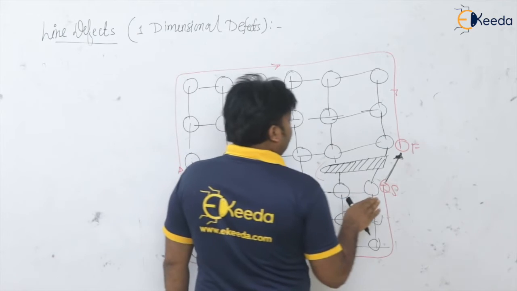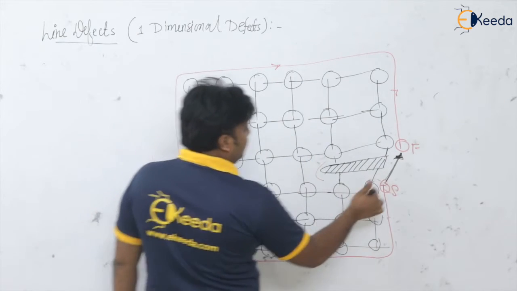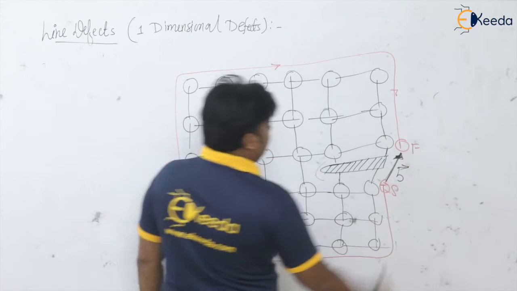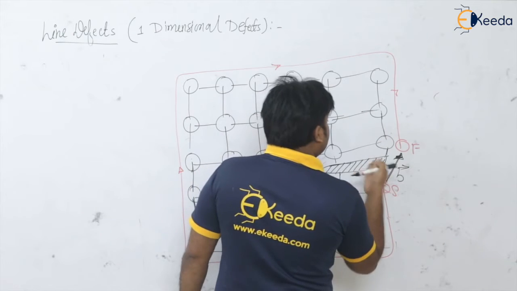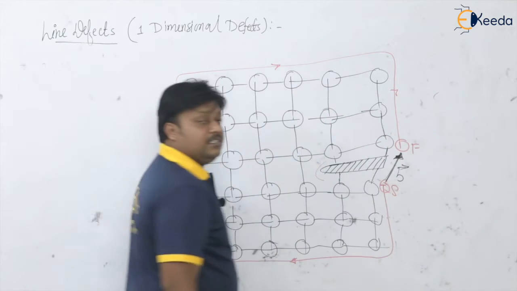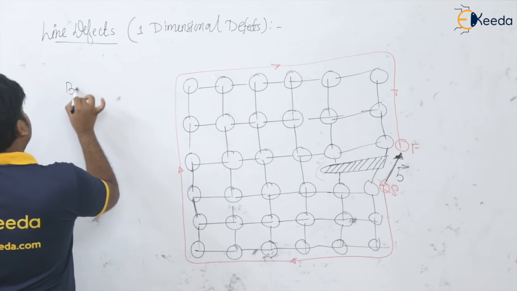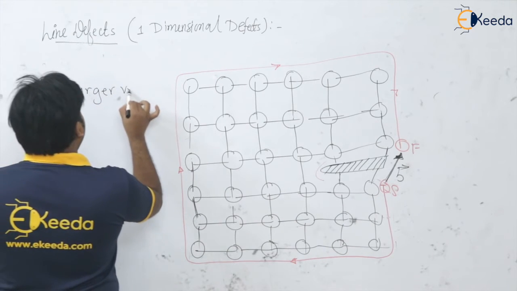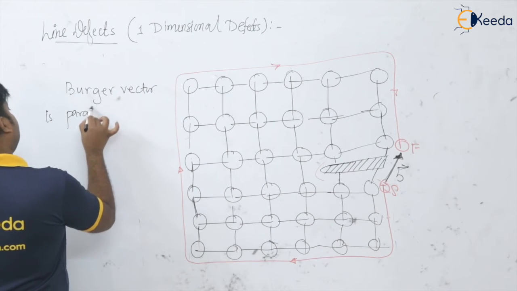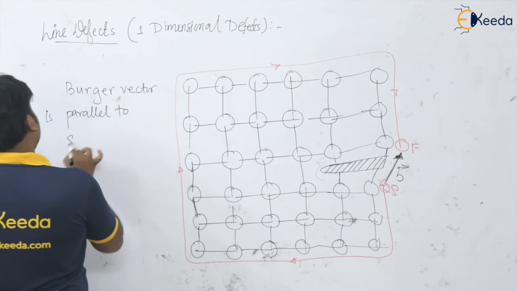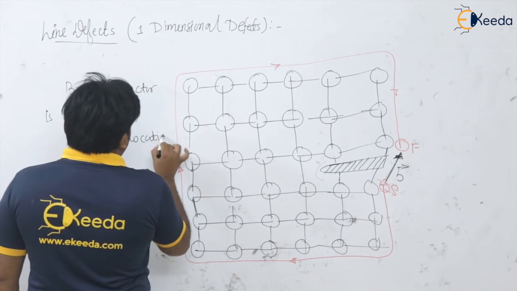Okay, so if you look at this, in the screw dislocation the Burgers vector b is parallel to what? The screw dislocation. Please remember, the Burgers vector in a screw dislocation is parallel to the screw dislocation.